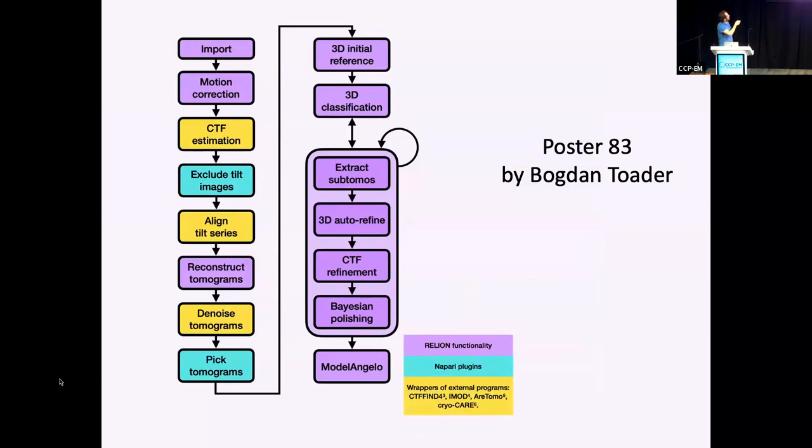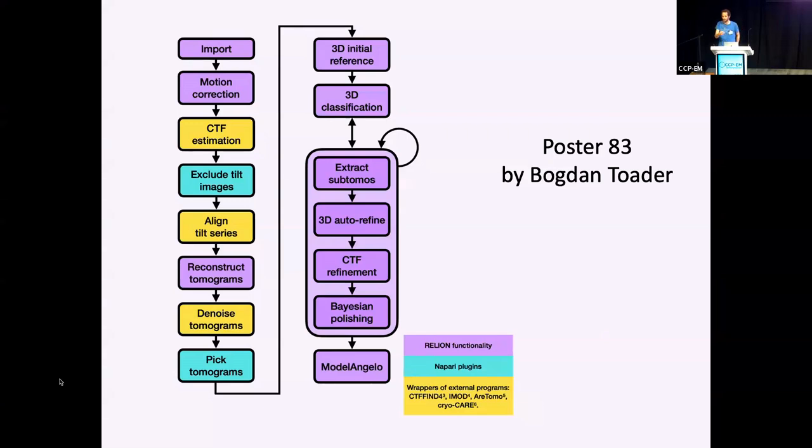We then run motion correction in Relion, CTF estimation through a wrapper to CTFFIND4. Alistair Bird has written various Napari-based visualization tools where you can see which tilt images have gold beads in or whatever, and you can chuck them out.